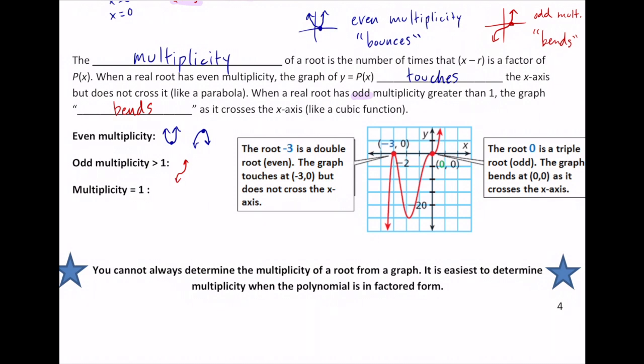So the graph is going to bend a little bit when it crosses the x-axis. And when the multiplicity is exactly 1, that's a different case. We're just going to go straight through the axis without any bending.